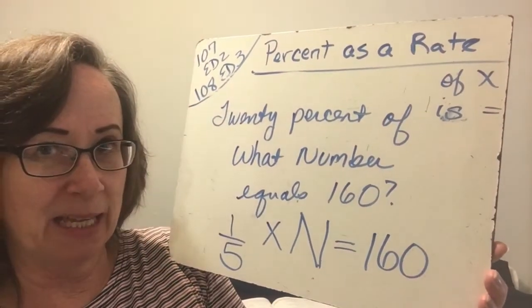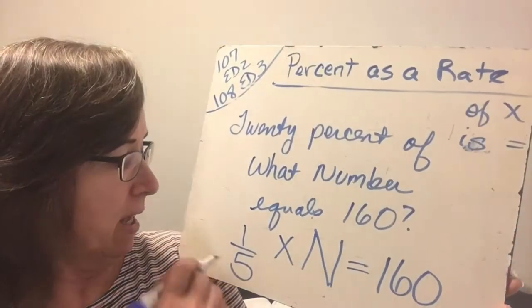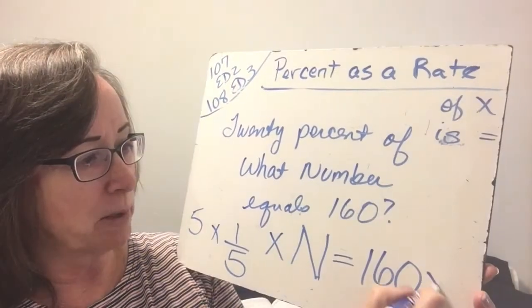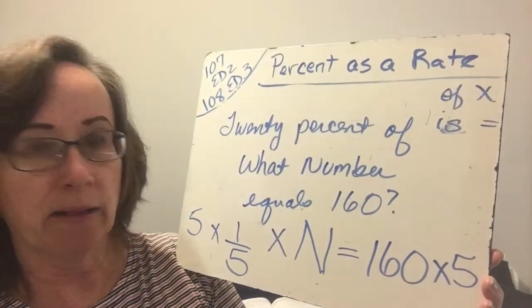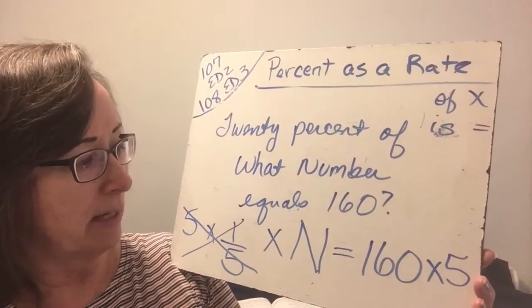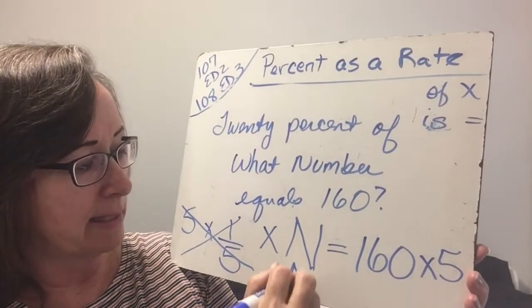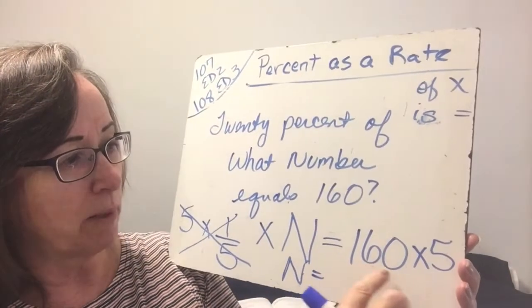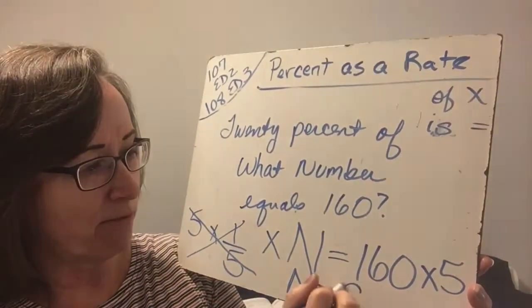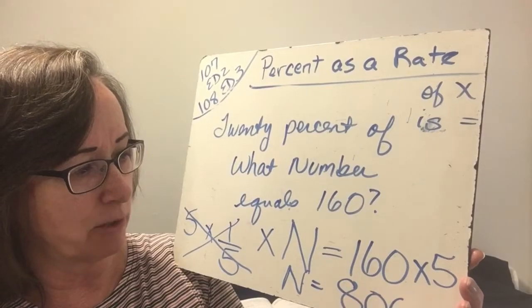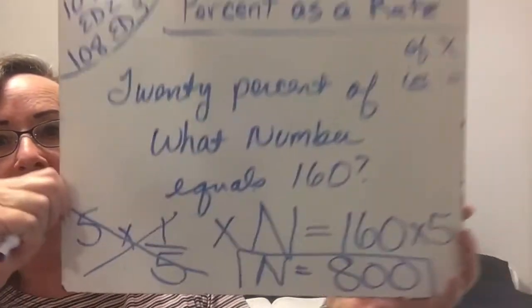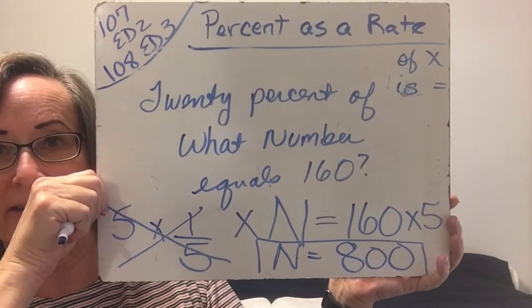So now I want the n by itself. What if I just multiply this side by 5 and multiply this side by 5 as well? Won't the 5 and the 1/5 cancel each other out, and I get n all by itself? And n is 160 times 5, and 160 times 5 is 800. So the number is 800. And that is all there is to it.